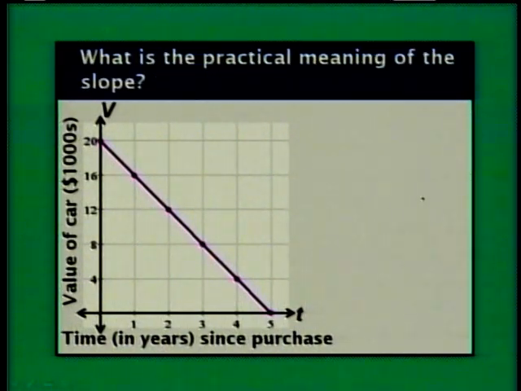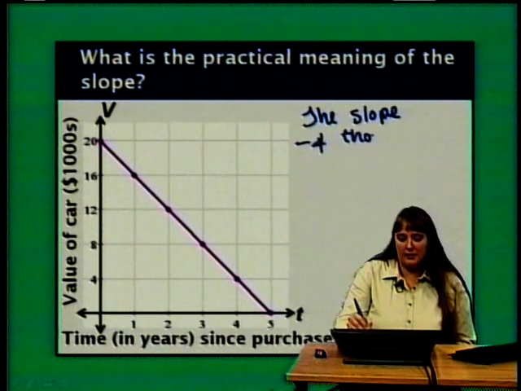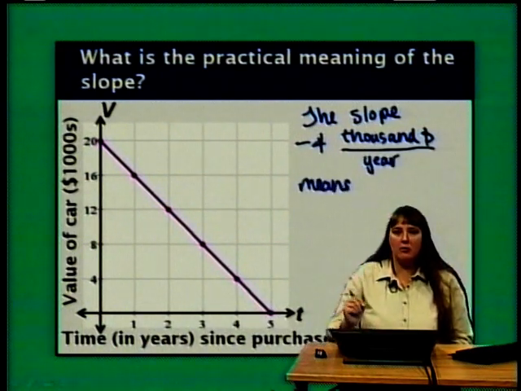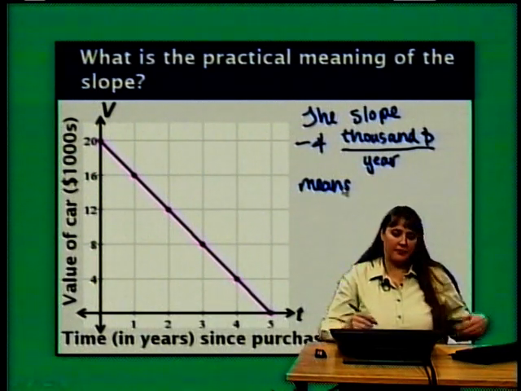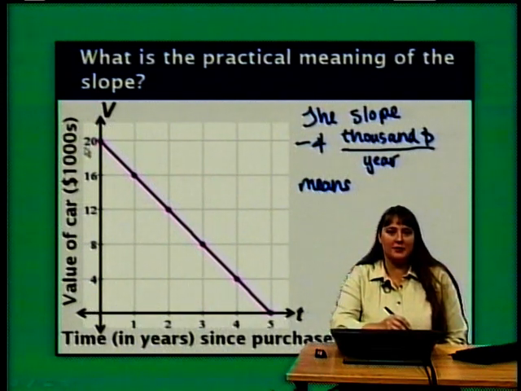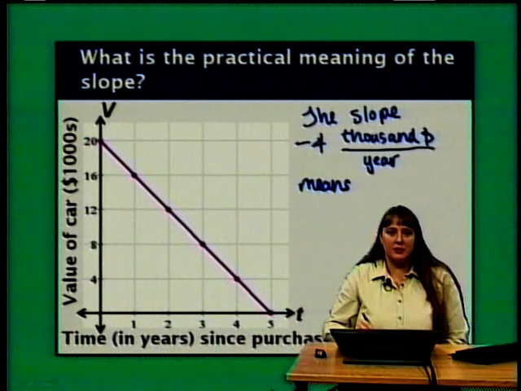Well, what's the practical meaning of the slope? We just found that the slope was -$4,000 per year. And now we want to think about, well, what does this mean? Let's go back to our graph for a minute. On the vertical axis, I have the value of the car in thousands of dollars. On the horizontal axis, I have time in years since the purchase.